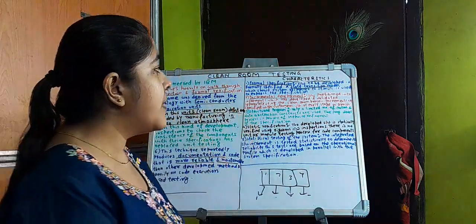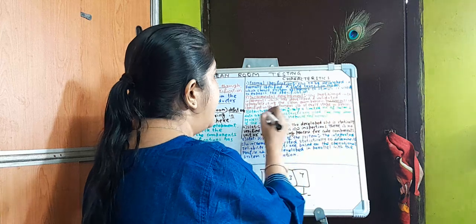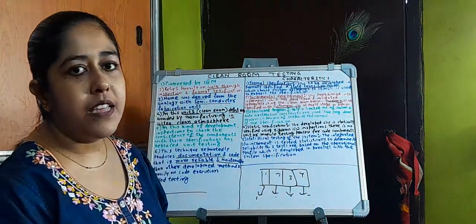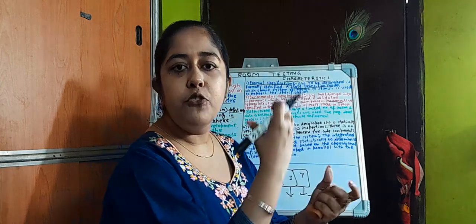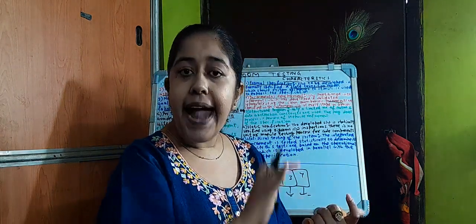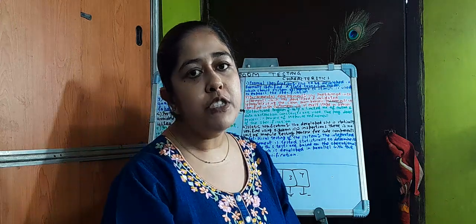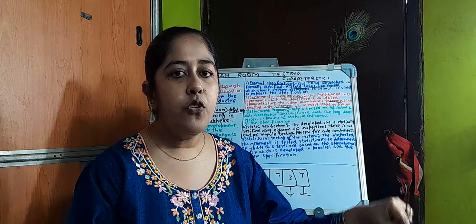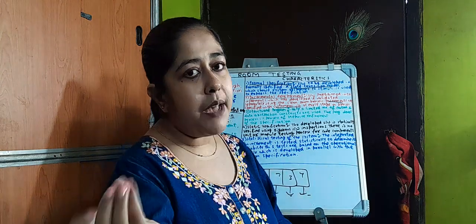Then, increments are specified with customer input at an early stage in the process. When an increment is at the early stage of development, some customer inputs are taken. When these increments are specified, we go for validation. Who will give this validation? The customer inputs.